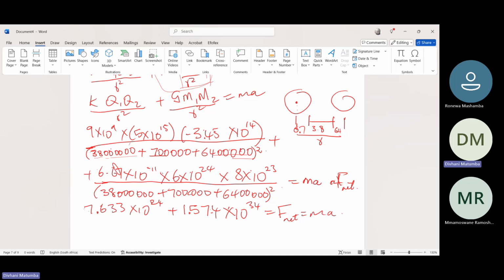And the answer is force net is equal to 1.57. If you're adding the two, how much did you get? I got 1.574 times 10 to the power of 34.